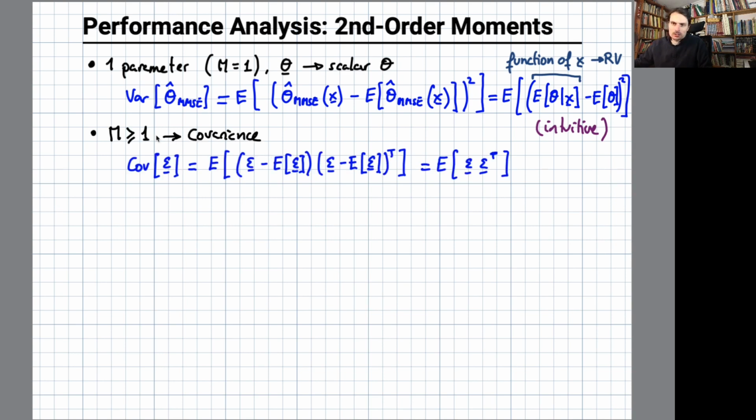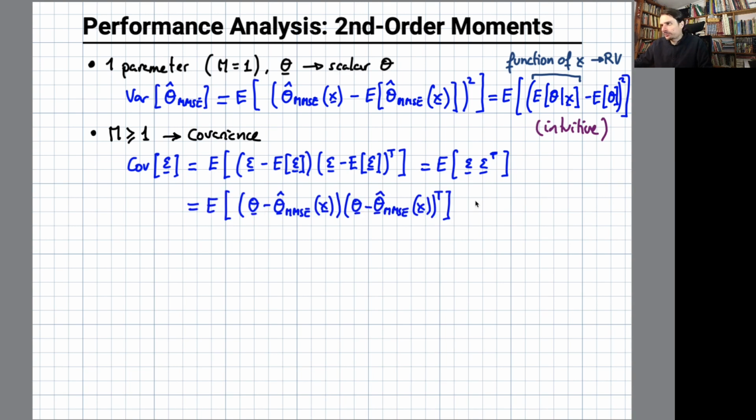And now let us look at the more general case where m can be greater than 1. In this case, we need to look at the covariance of the error, right? So by the definition of covariance, this is the expectation of this vector times its transpose. And by what we saw in the previous slide, the mean of the error is 0, and therefore this becomes the expectation of this outer product of epsilon and its transpose.